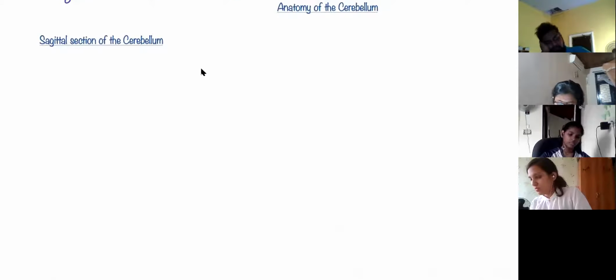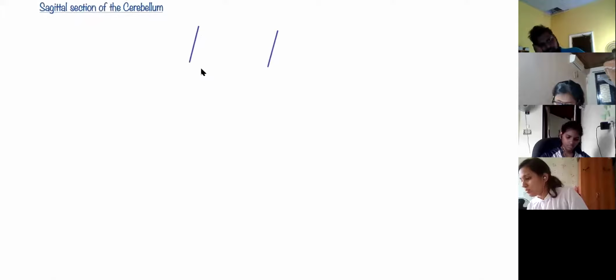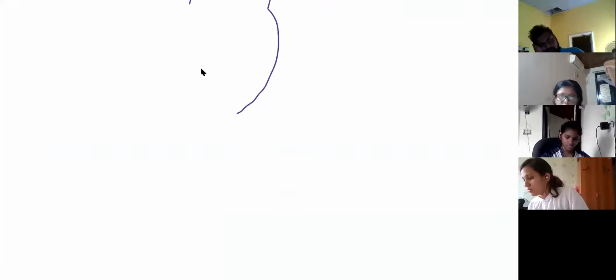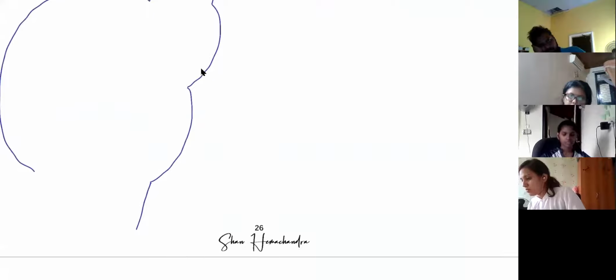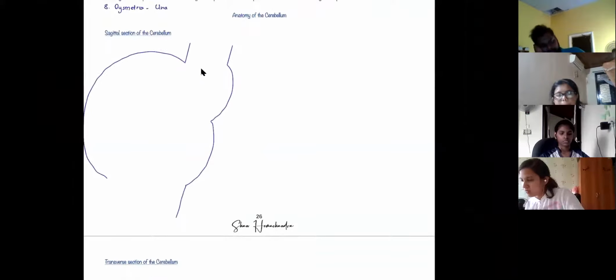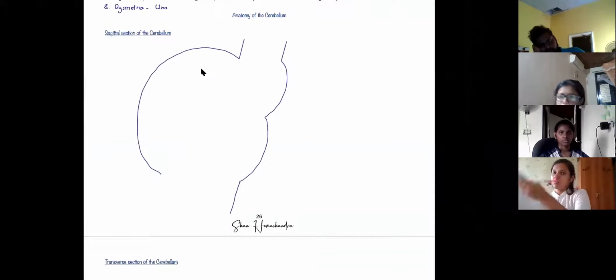So now I'm going to draw the sagittal section. This is the midbrain. This is the pons. This is the medulla. And here is the cerebellum. Wait guys, don't draw the cerebellum yet. There are two fissures actually.